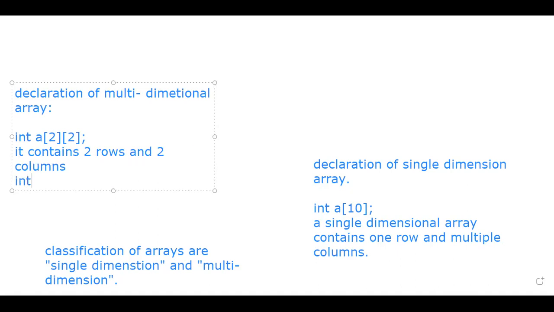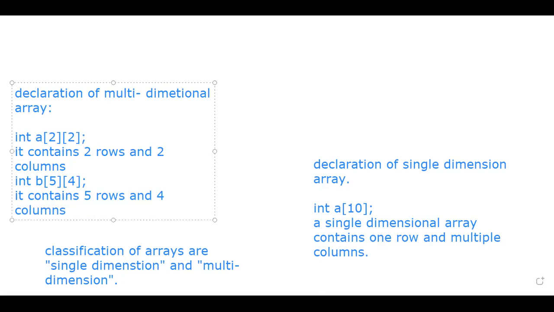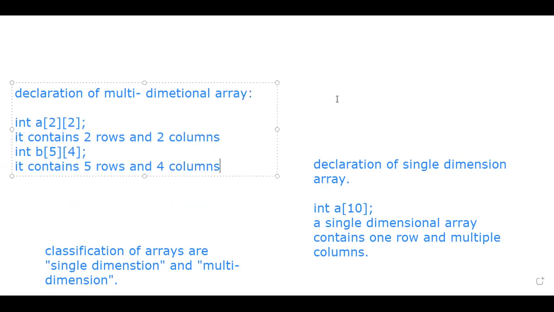If you say, for example, int b of 5, 4, it means it contains 5 rows and 4 columns. So this is an example of a 2-dimensional array. Likewise, we can take any number of dimensions.